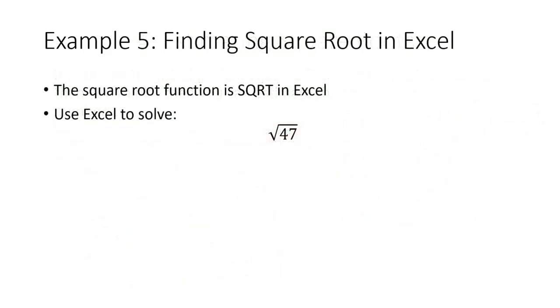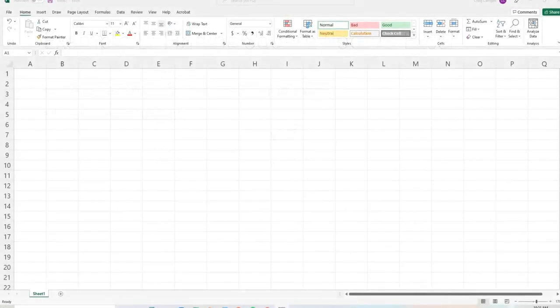Finally, I'm going to show you how to find a square root in Excel. And so I'm just going to pause here real quick and switch over to Excel. And so here I just have a new Excel spreadsheet. In order to calculate anything in Excel, you want to click into a particular cell, and I'm just going to highlight this one here. Anytime you want to calculate something, you always want to start with an equals.